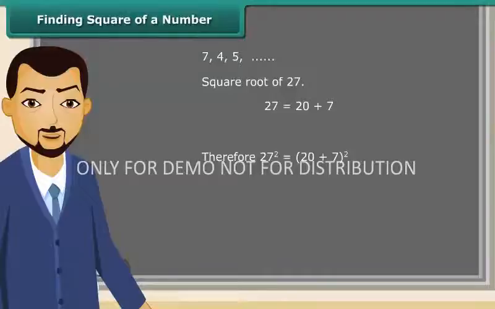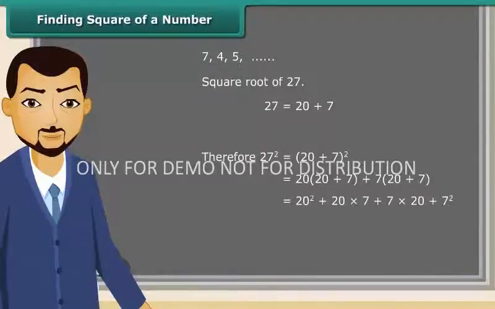Therefore, the square of 27 is equal to (20 plus 7) whole square, which is equal to (20 plus 7) into (20 plus 7), which is equal to 20 square plus 20 into 7 plus 7 into 20 plus 7 square, which is equal to 400 plus 140 plus 140 plus 49, which is equal to 729.